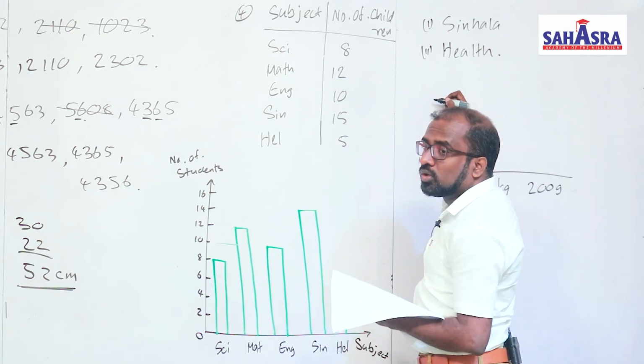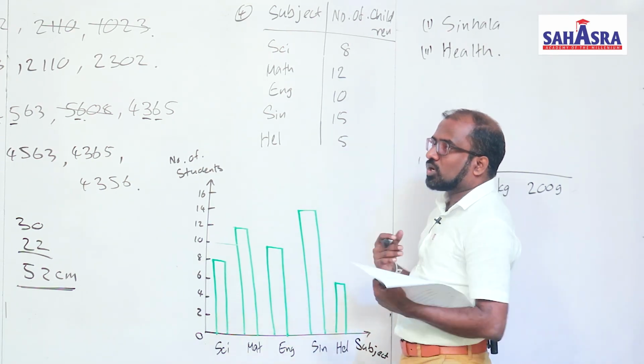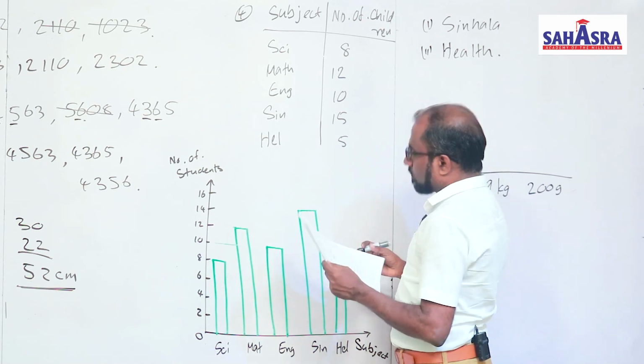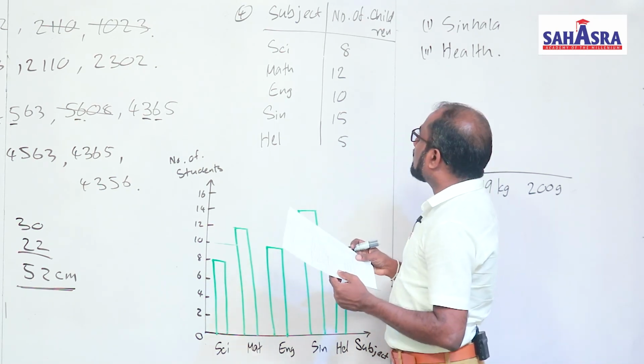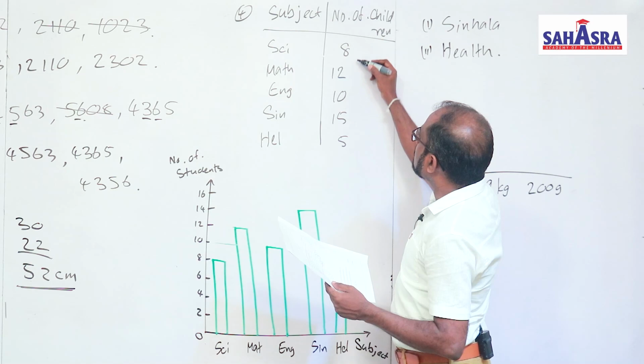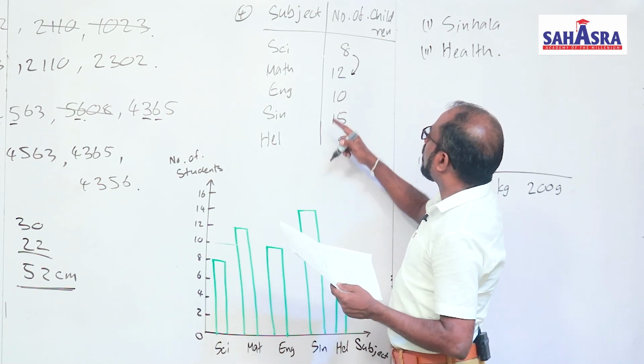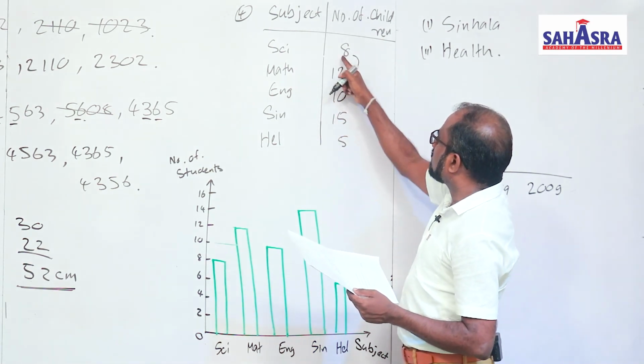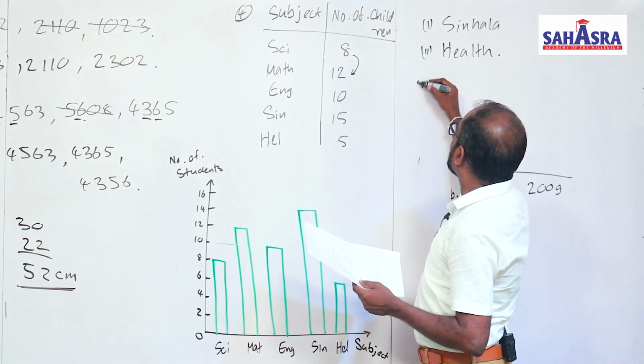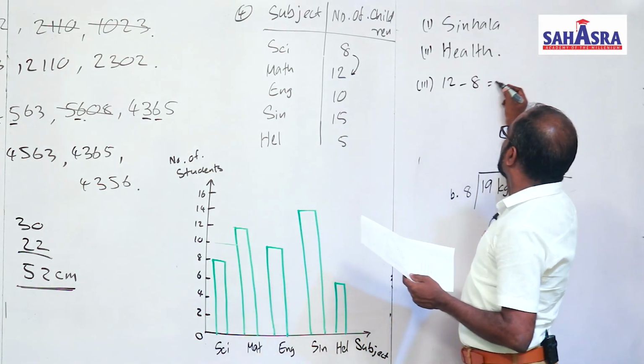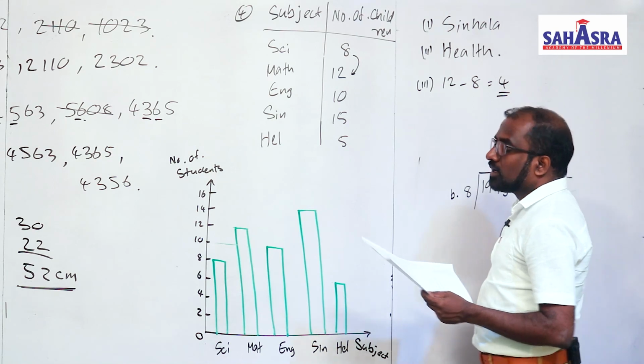How many more? You have to subtract to get the difference between the two numbers. 12 subtract 8. 4 more students like maths than science.